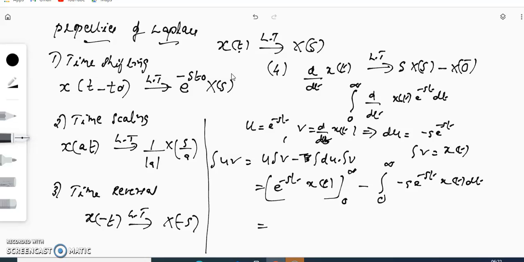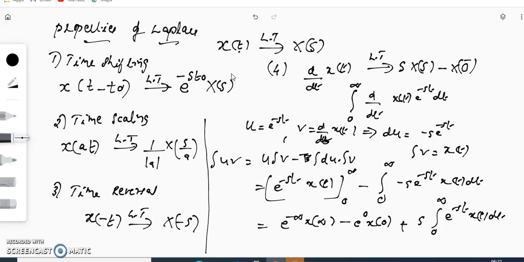Isn't it? This is equal to, substituting the limit values here, e raised to minus infinity into x of infinity minus e raised to 0 into x of 0, minus of minus is plus, plus s into integral 0 to infinity e raised to minus st x of t dt.